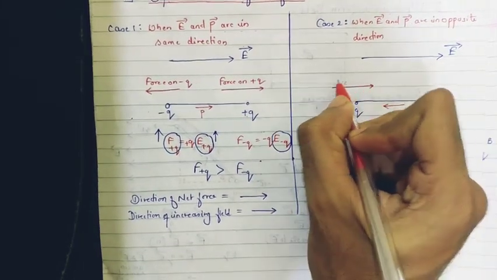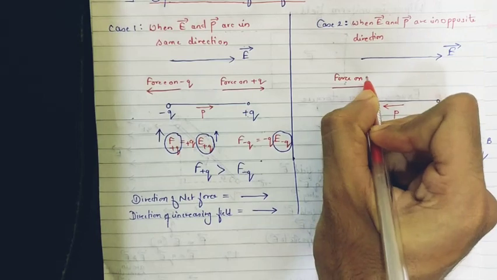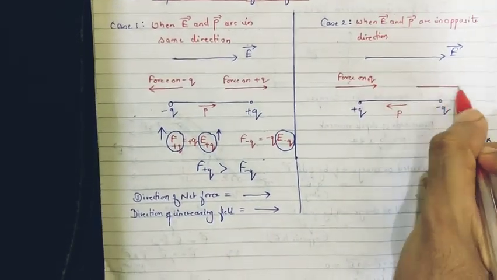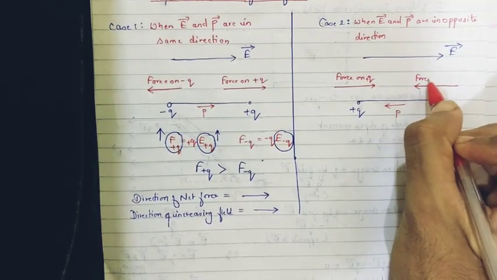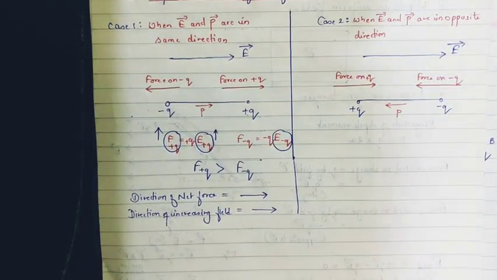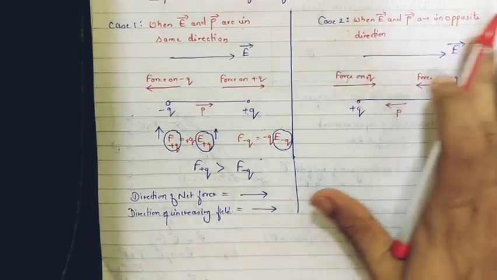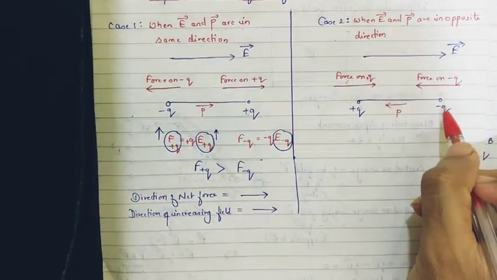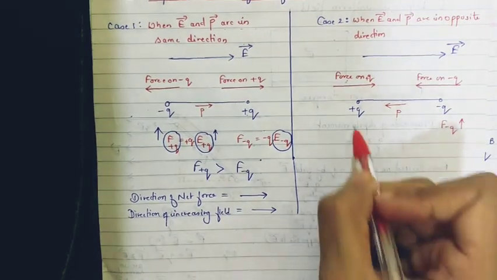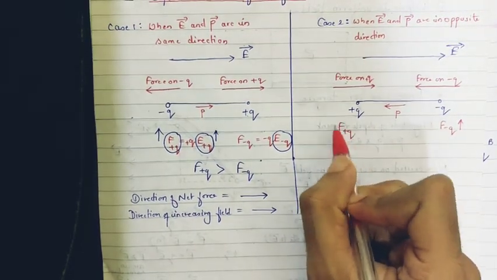This is the force on plus Q, in the direction of the electric field, and the force on minus Q is always opposite to the direction of the electric field. So now the field is increasing this way, so obviously the force on minus Q will be higher, correct, and the force on plus Q will be lower.